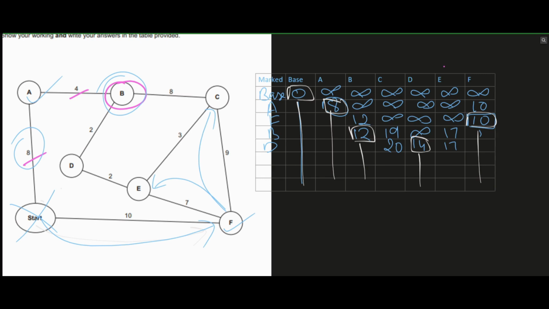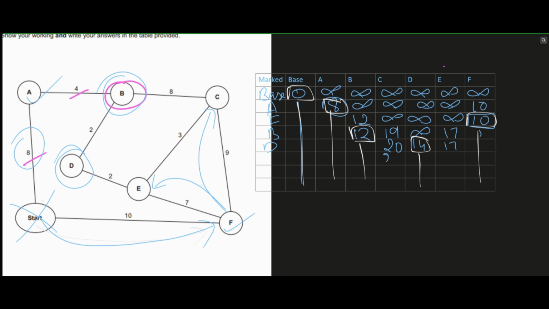Now we have C and E remaining. I am currently at D. I can go to E, and that's all. So this is going to be 20.